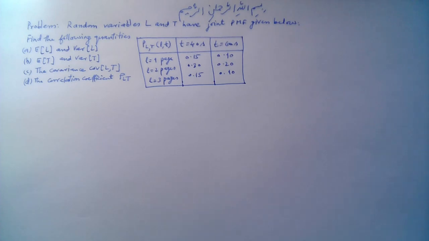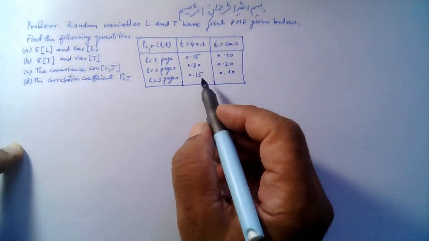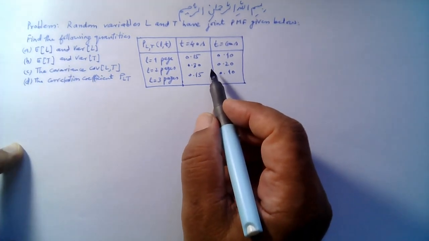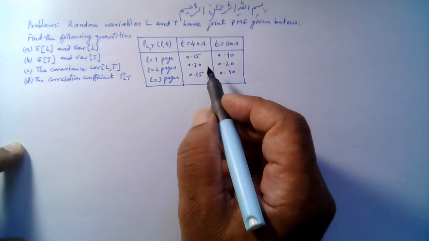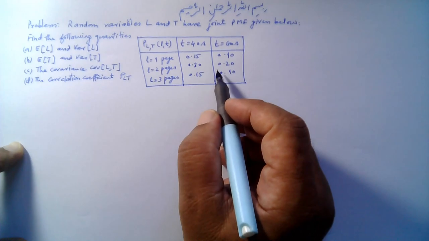So before we begin to solve the problem, let us have a look at this giant PMF here. For it to be a valid PMF, all these probability values must sum together into 1.